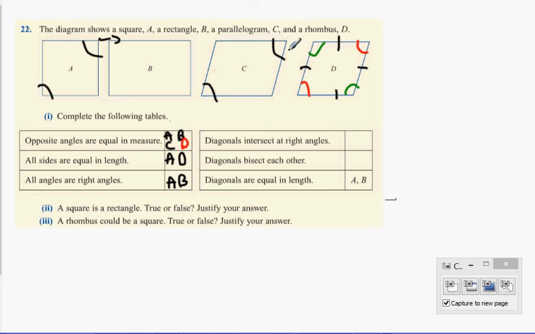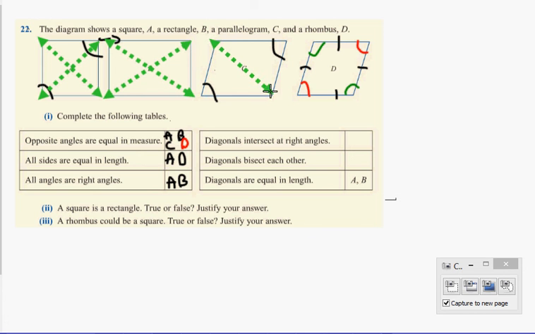Diagonals intersect at right angles. So basically, if you were to draw something like this, do you think that looks pretty much like 90 degrees? Yeah. And what about the rectangle? Rectangle is no. It has to be the same length for it to intersect at perfect 90.